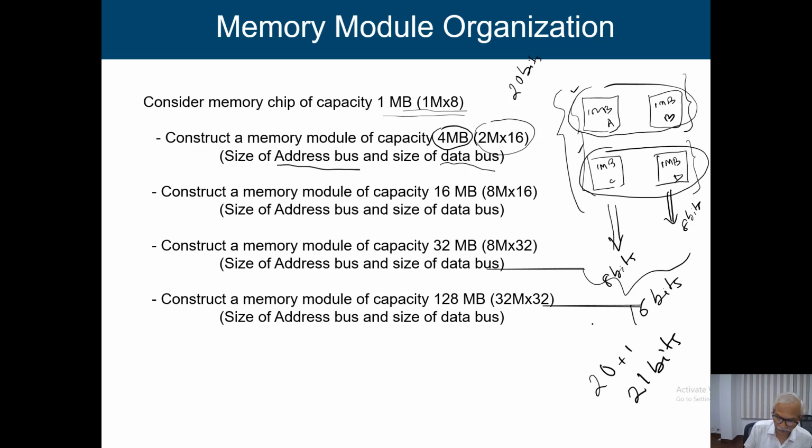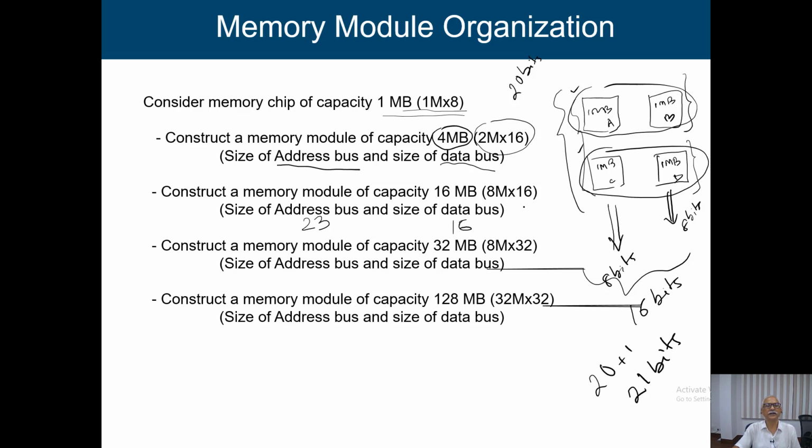So if the address bus is 21 bits, here the size of the address bus will be 23 bits, and the size of the data bus will be 16 bits, because it is 16. Now if you understand these first two, then the other two you can very well calculate and give me the organization.